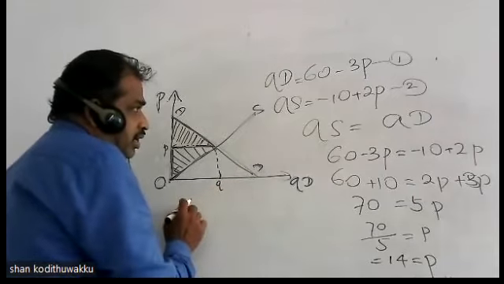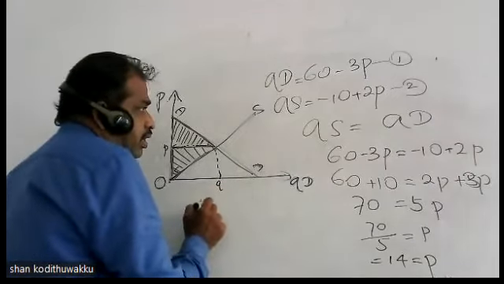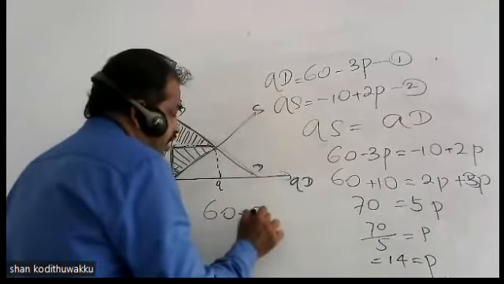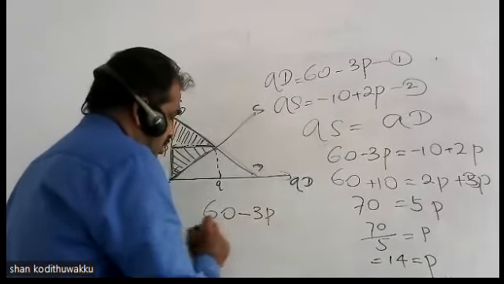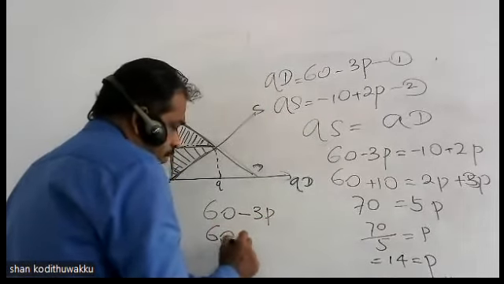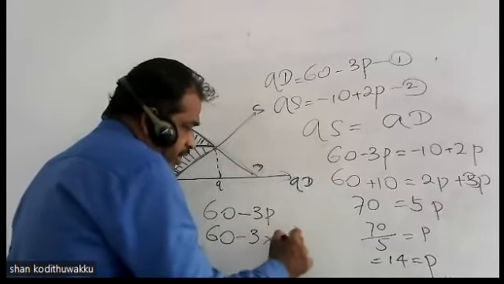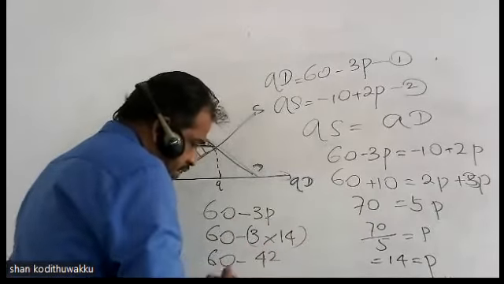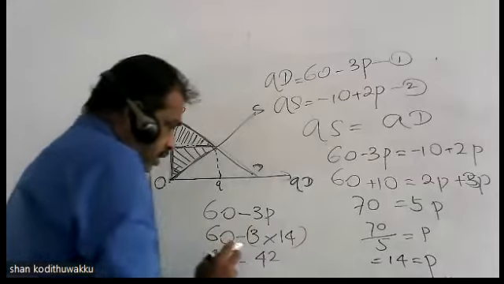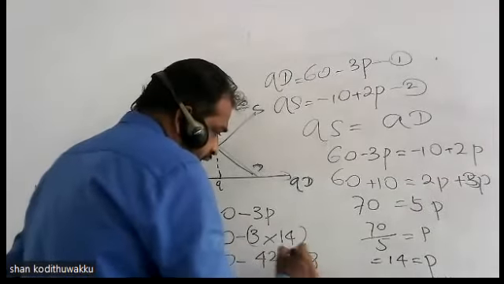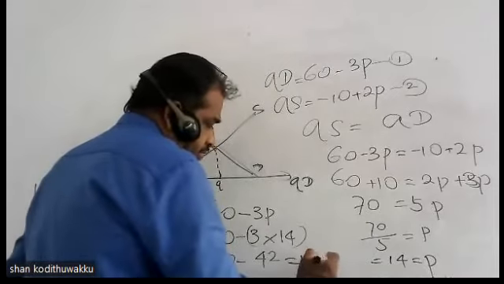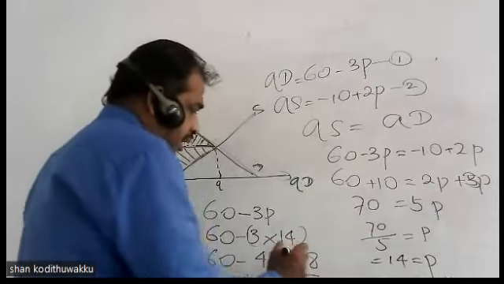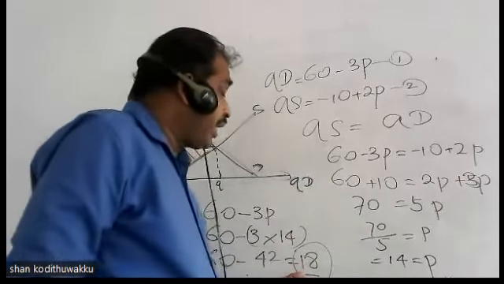You can apply this to find the equilibrium quantity by using one of these two given equations. 60 minus 3P, then 60 minus 3 into 14, then 60 minus 42 equals 18 equals QD. 18 is the quantity demanded at the equilibrium.